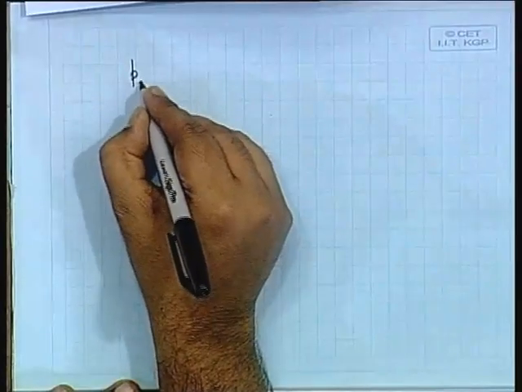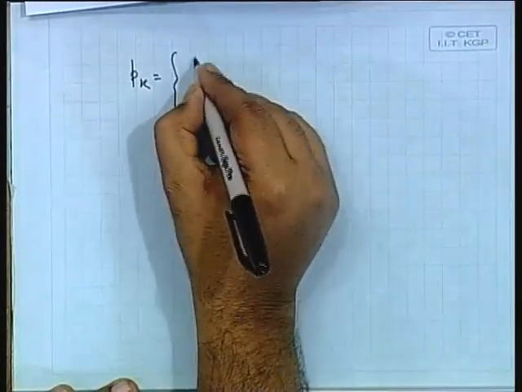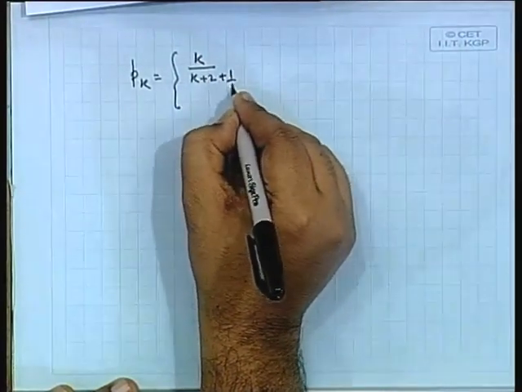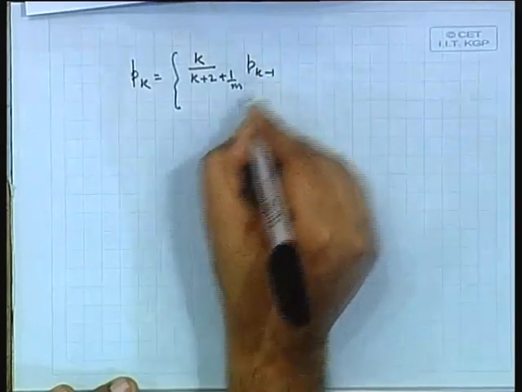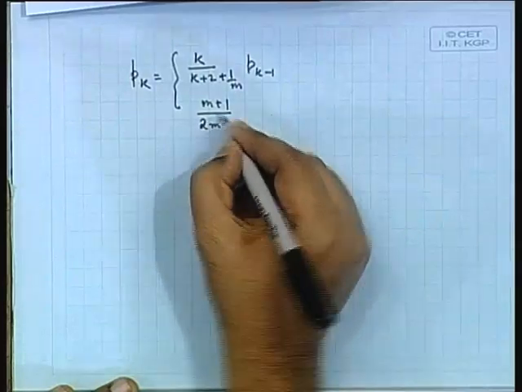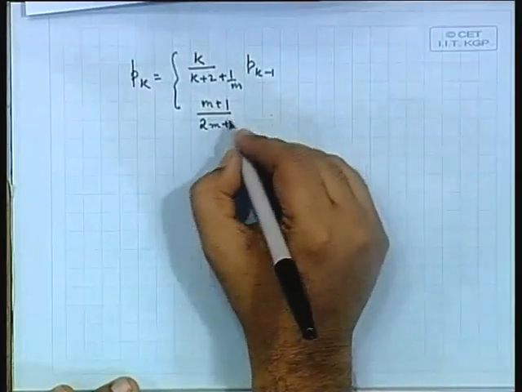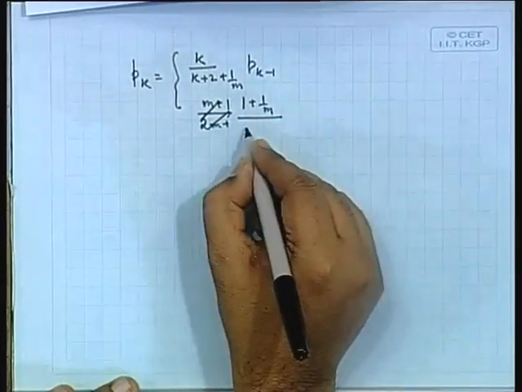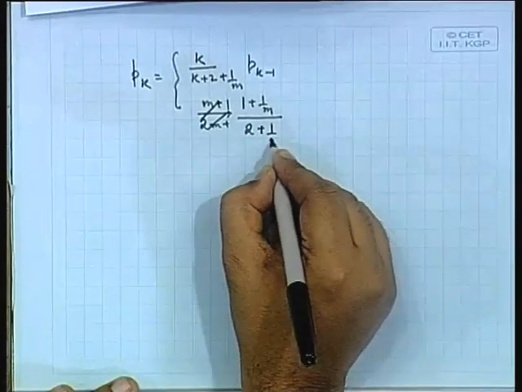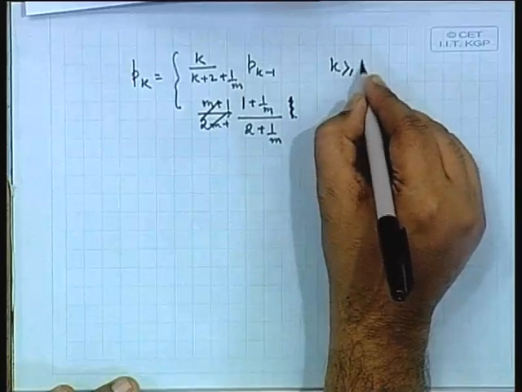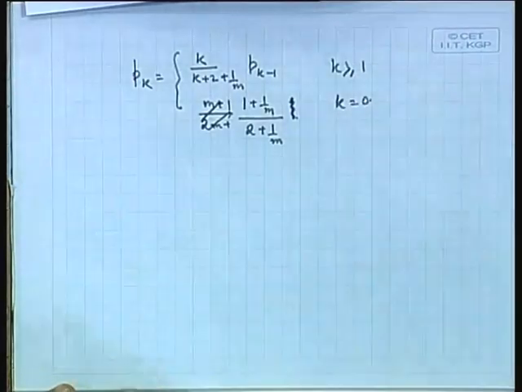Okay. So now what we have again: p_k is equal to (k plus 1 by m) over (2 plus 1 by m) times p_{k-1}, and p_0 is (m plus 1) over (2m plus 1), which I would again write as 1 over (1 plus 1 by m)(2 plus 1 by m), for k greater than or equal to 1, and k is equal to 0 respectively.